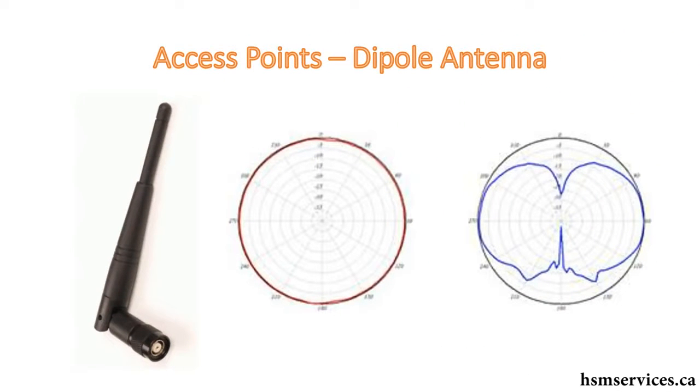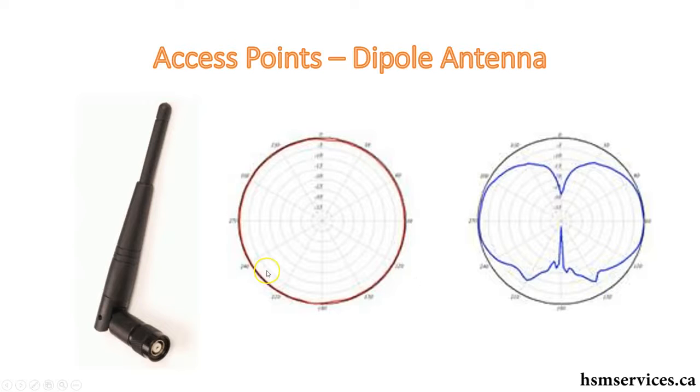So if we look at different antenna types and compare with the diagrams that I showed you earlier, we've got our standard dipole antenna, and basically you can see that the dipole sends its signal basically all the way around. So if you take this circle of the dipole, the signal is broadcasting everywhere. And these dipole antennas are pretty flexible, so you can bend them to change the direction of the signal.